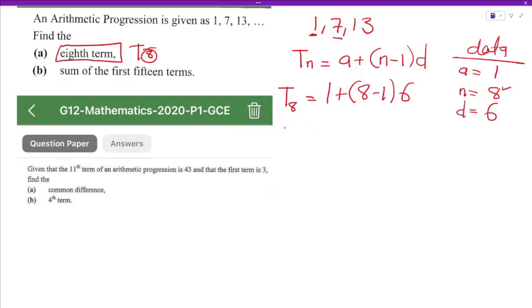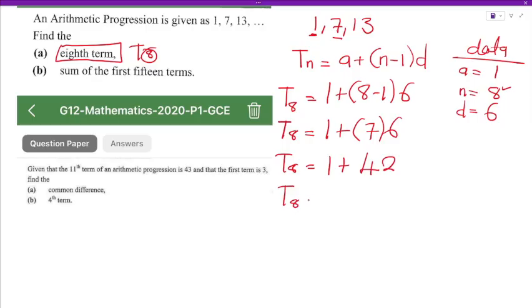When it is a negative, we cover it with brackets. Okay. So at this point, we solve. 1 plus open bracket 8 minus 1, 7. T8 is equal to 1 plus 7 times 6, that is 42. Meaning term number 8 is equal to 43. And you're done. Okay. We go to the next one.